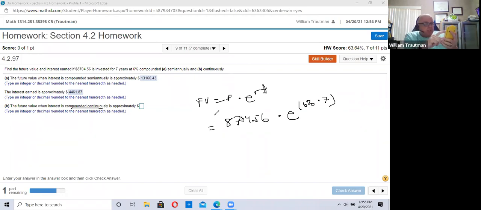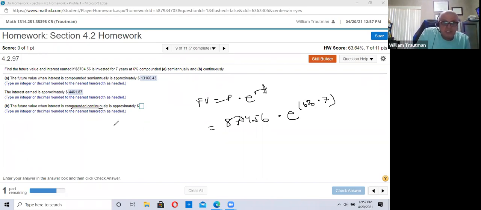Remember, the e button is right above the LN, two buttons below the second button, the second green button. So I'm going to type in 8704.56 times, then hit second natural log, which is the e button. The e puts it in a power, put it in parentheses, 6% times 7. Close your parentheses.